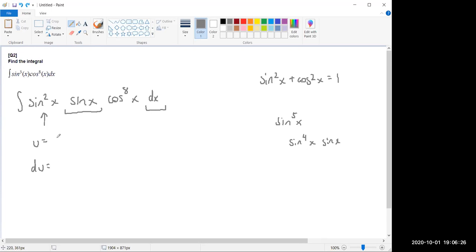So we want to rewrite everything in terms of cosine. So sine squared of x is going to be 1 minus cosine squared of x. I'll write the cosine to the 8th of x here, and then I'll write sine of x dx here.